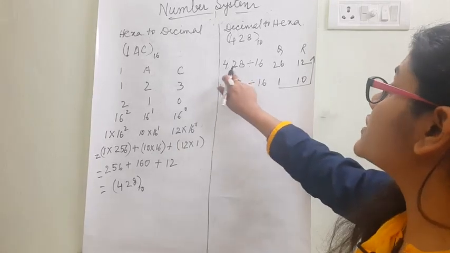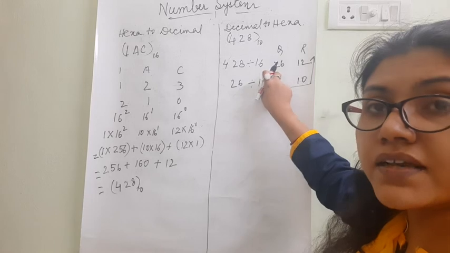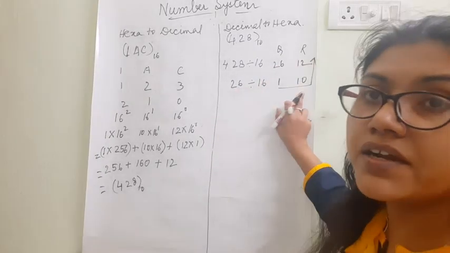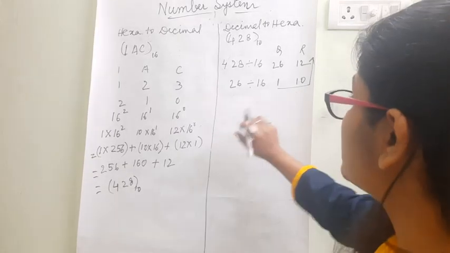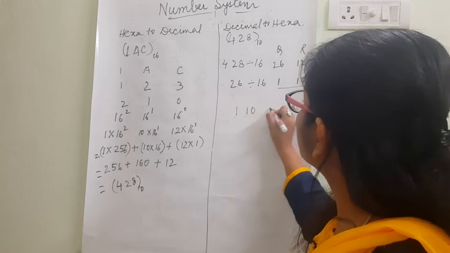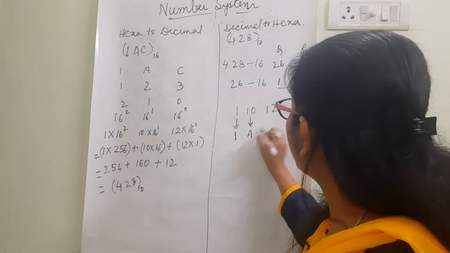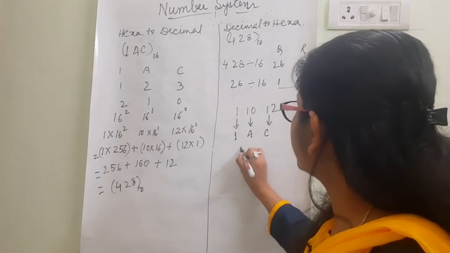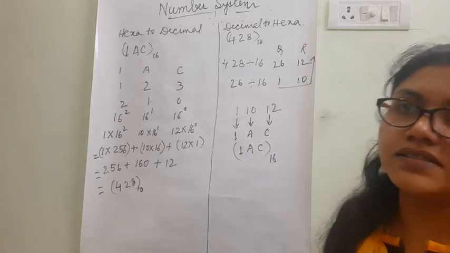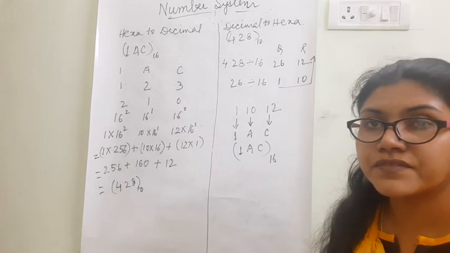How? 428 divided by 16, quotient 26, remainder 12. 26 divided by 16, quotient 1, remainder 10. Now I will write 1, 10, 12. 1 will be 1, 10 will be A and 12 will be C. So we get the answer 1AC base 16. So it is confirmed. Okay, clear?